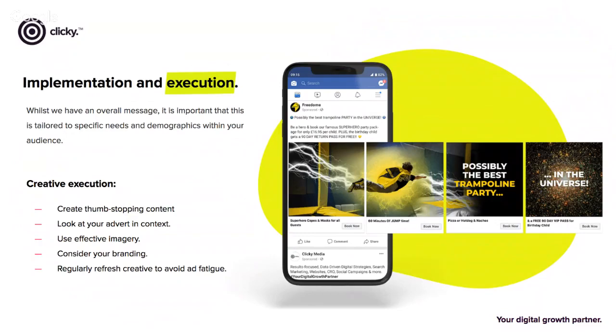So it's also important to use effective and impactful imagery that your audiences can identify with. People are getting more and more aware of stock imagery. Stock imagery has improved a lot more than the stereotypical stock you used to get.